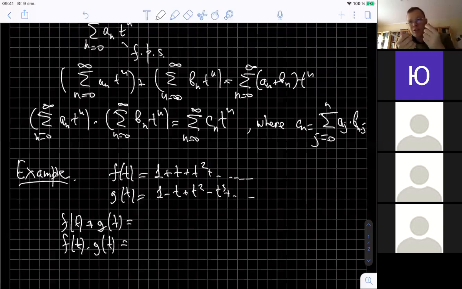And if you want to determine the nth coefficient of the product, you just need to know the first n coefficients of each formal power series. So again, it will be determined correctly. If you want to calculate Cn, you just need to sum a finite number of elements, so we can correctly determine each number.